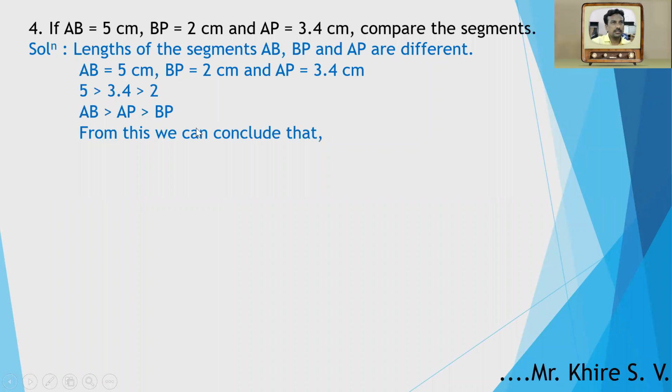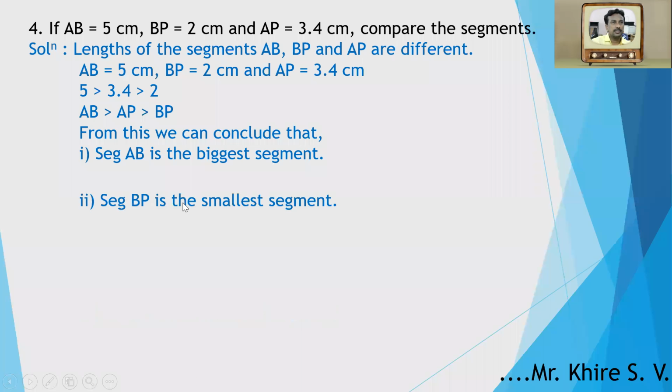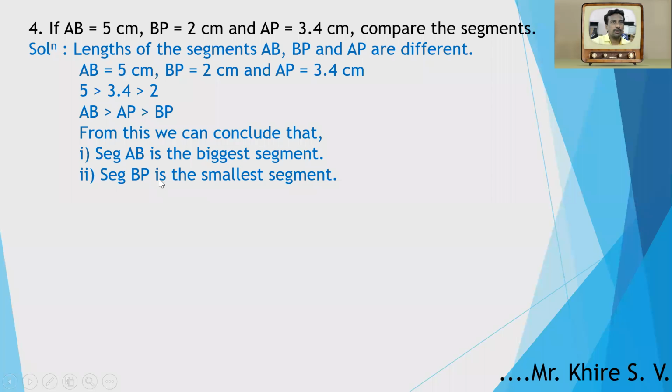From this we can conclude that segment AB is the biggest segment out of these 3 segments, and segment BP is the smallest segment out of the given 3 segments.